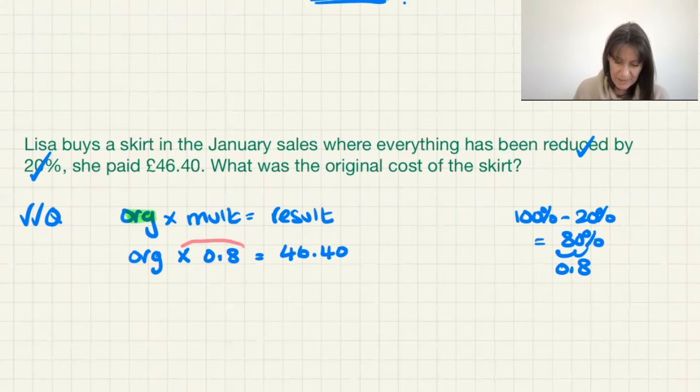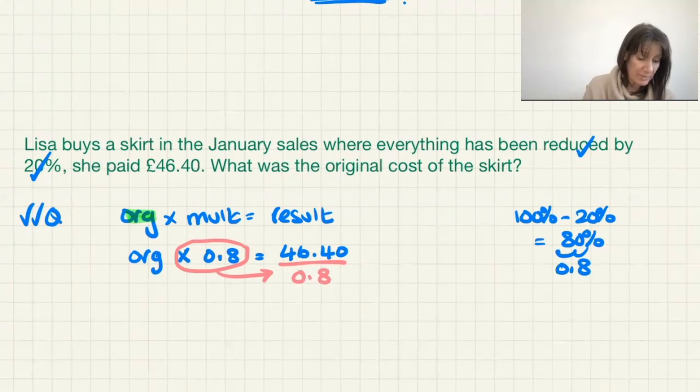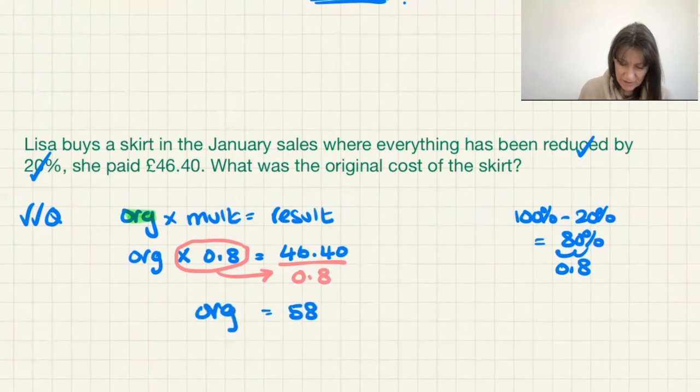So we're going to hop it to the other side, and it lands as its opposite, remember. So it's going to land as divide by 0.8. And that is what we're going to put into our calculator, 46.4 divided by 0.8. And we get a figure of 58. So our original is equal to £58.